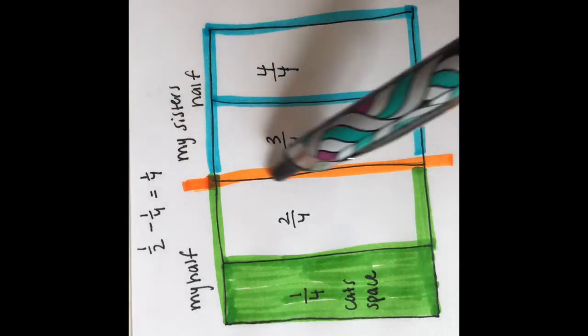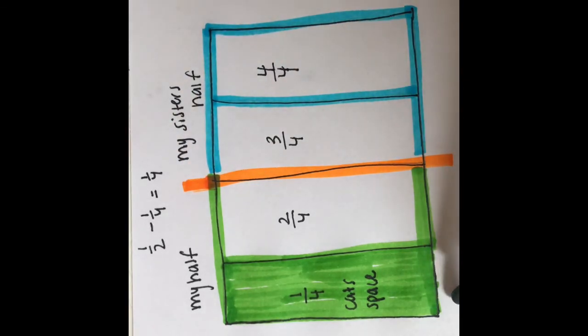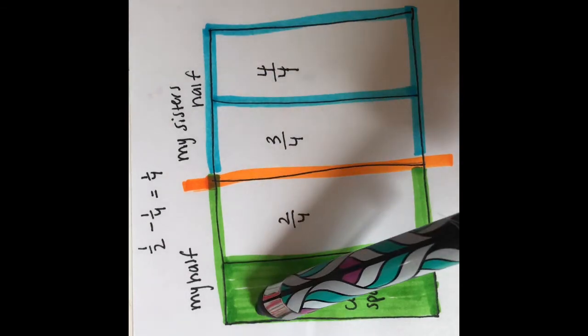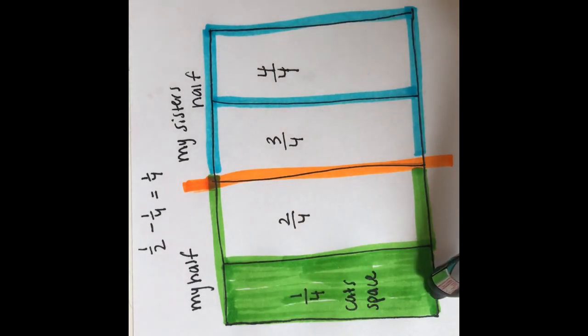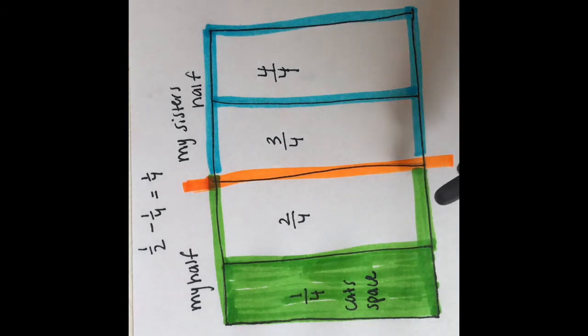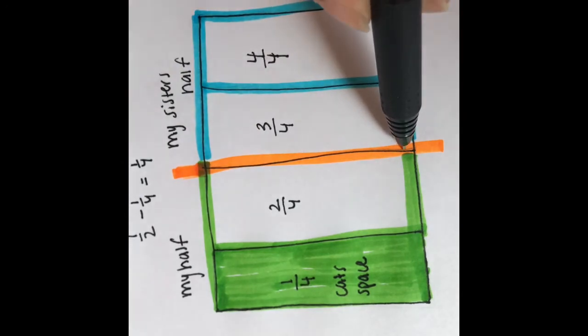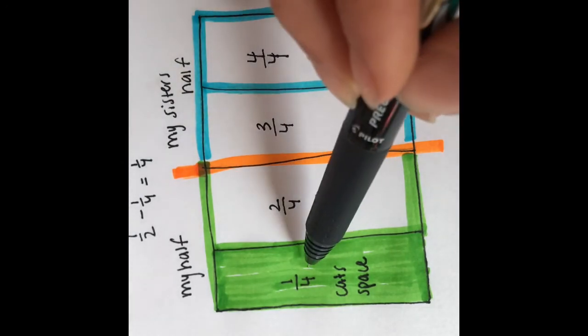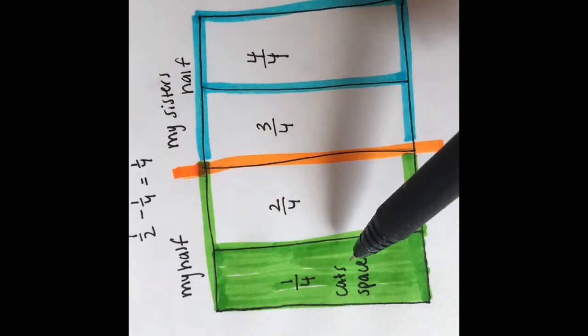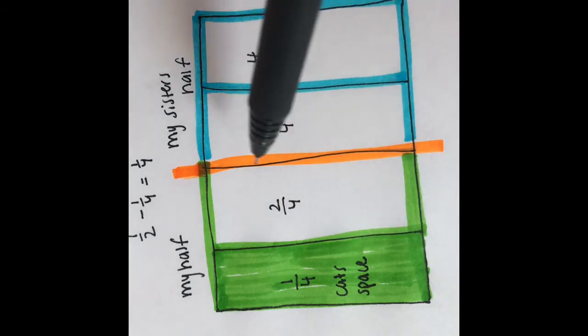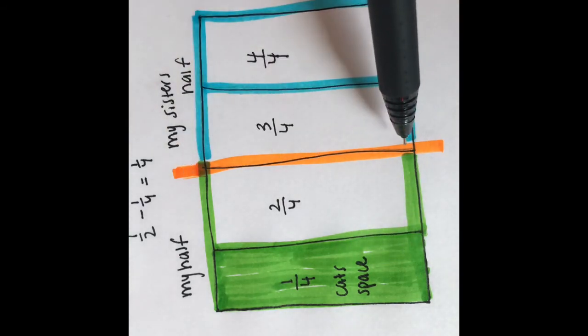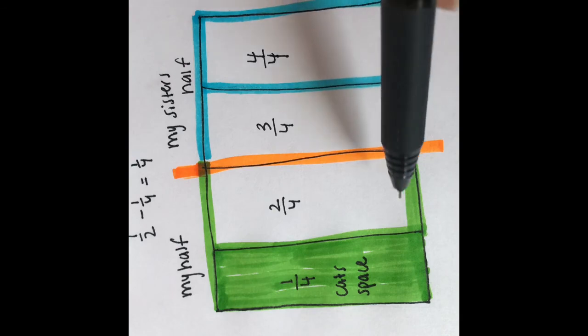So even though it is split into halves, I still separated the 1/4 from the entire whole. And that means that I am left with, so this is the space that I subtracted 1/4 from, and then I'm left with this 1/4 piece. So the answer comes out of the half, but when I'm subtracting it, it comes out of the whole.